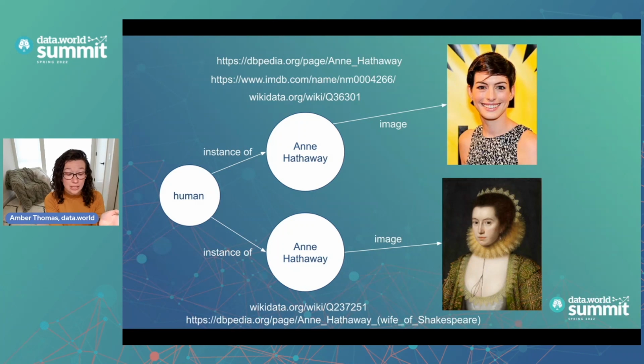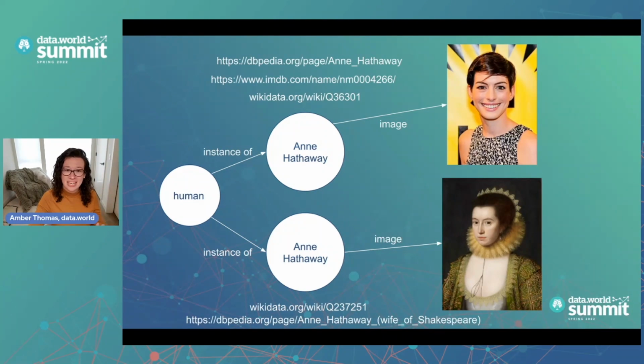Wikipedia might have only included information about Anne Hathaway, the actor's birthplace and her parents and things like that, whereas IMDb might tell you about her filmography. And because we recognize the URI from Wikidata and the URI from IMDb are talking about the same person, we can combine them and now have a ton of additional information. So that's how you get 5 stars of data. Pretty complicated, but it's something that I have faith you can do if you're interested. And again, any level of open data is amazing and can be really helpful.